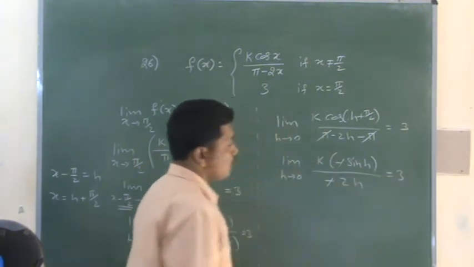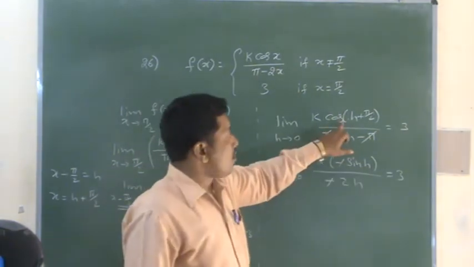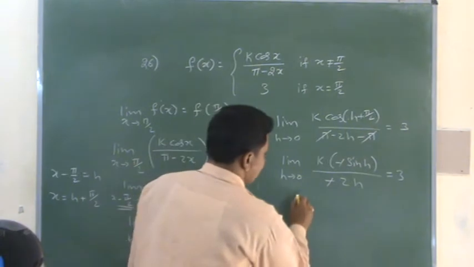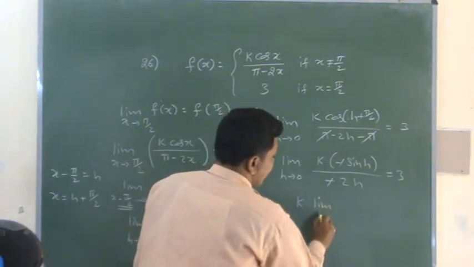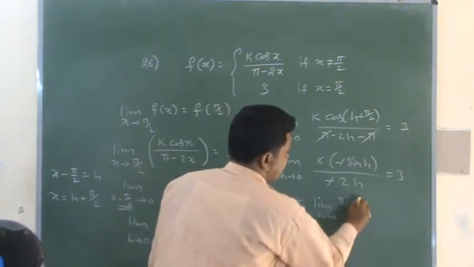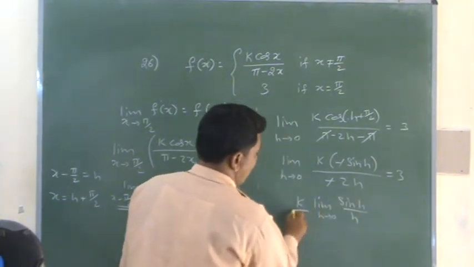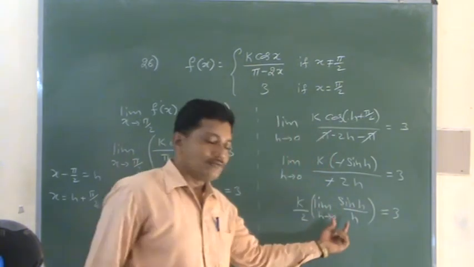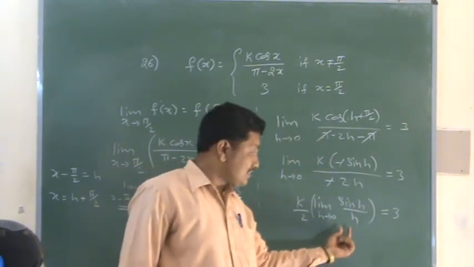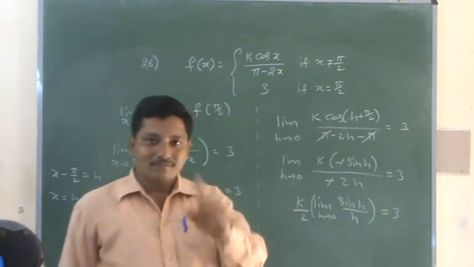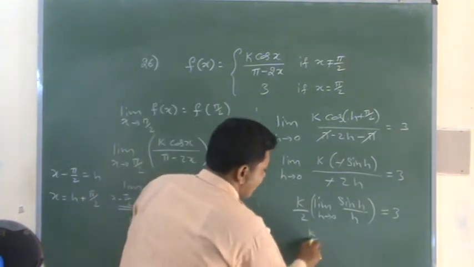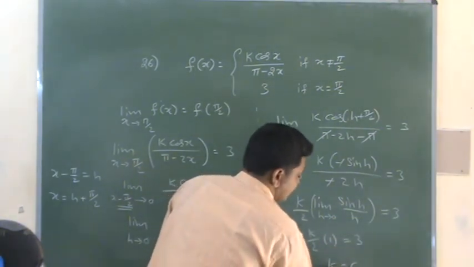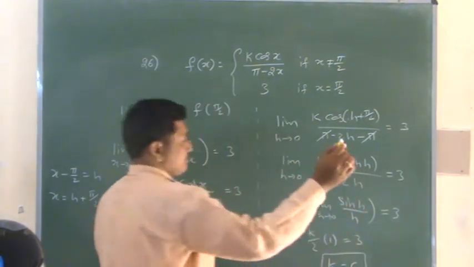Minus minus cancels. Why do you get minus sin h? cos of pi by 2 plus x is minus sin x, like that. So here k into limit h tends to 0 of sin h by h, and the 2 is also outside, is equal to 3. We know this value: limit h tends to 0 of sin h by h is exactly 1. So k by 2 into 1 is equal to 3, k is equal to 6. This is your answer.